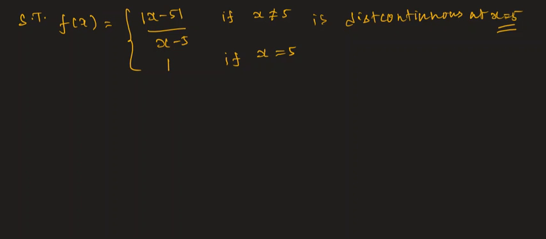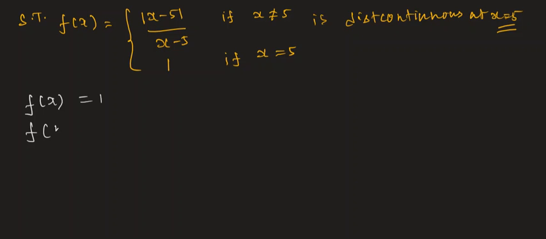Let us consider f of x is equal to 1, that is the constant function. If you put any number, that becomes 1 only.